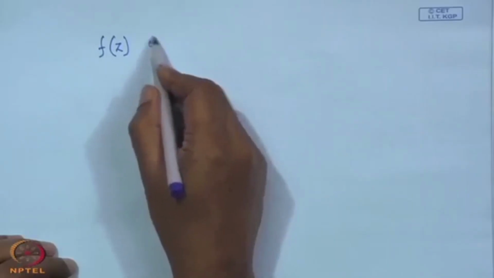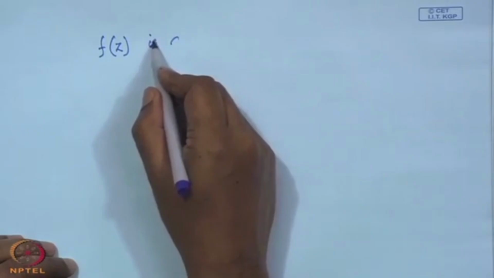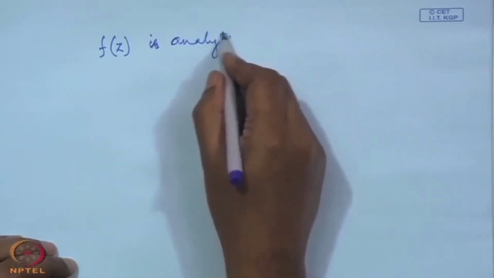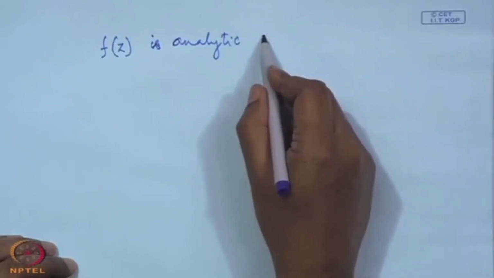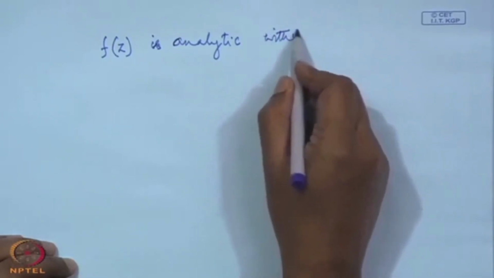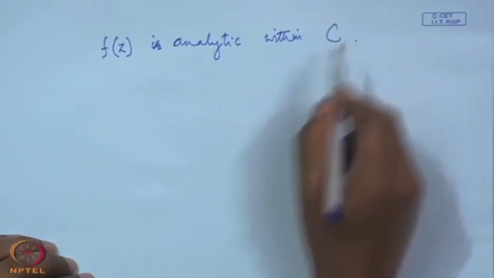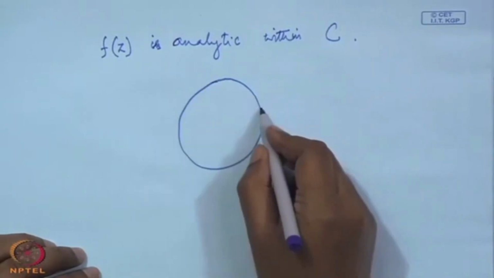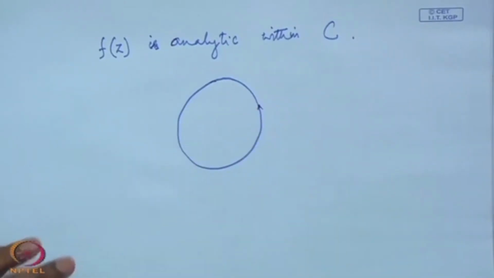Now think about a function which is analytic everywhere, at each and every point within the domain. Say we have some domain C, and within this domain the function is analytic.